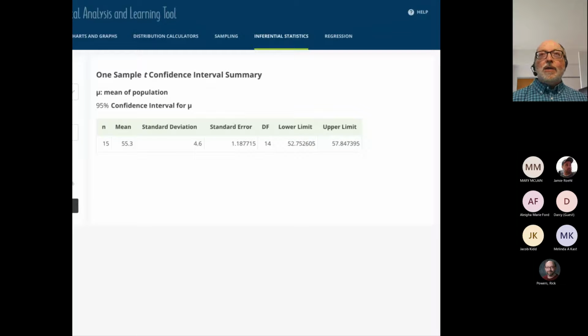So I ask the question, what is the average height of fifth graders in general, not just for this small group? Based on the mathematical formula SALT is using, I am 95% confident that the population mean of all fifth graders that correspond to the group I'm doing here would be basically 53 to 58 inches.